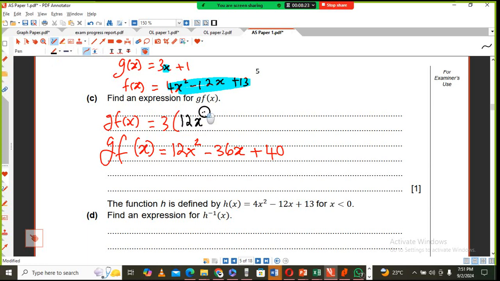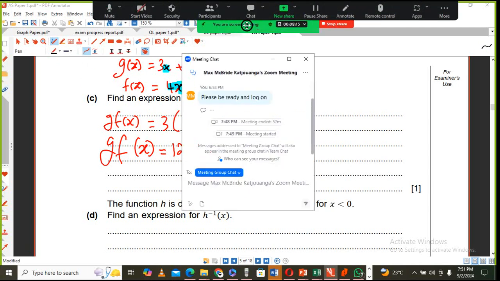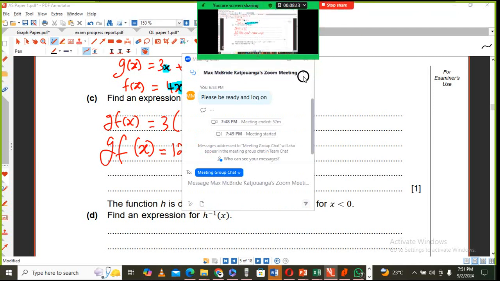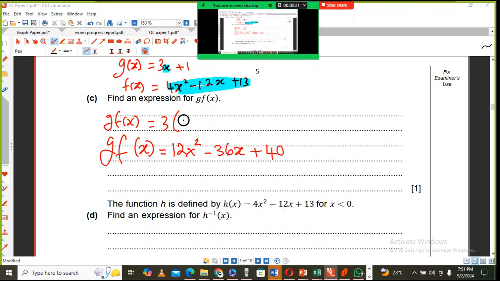You should not have a very difficult time. Oopsie. This is supposed to be 4x squared minus 12x plus 13 and plus 1. All of that is supposed to give you the stuff under.